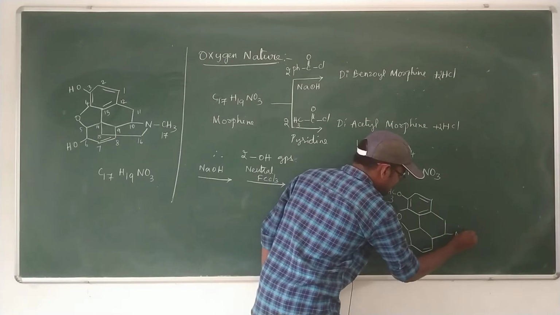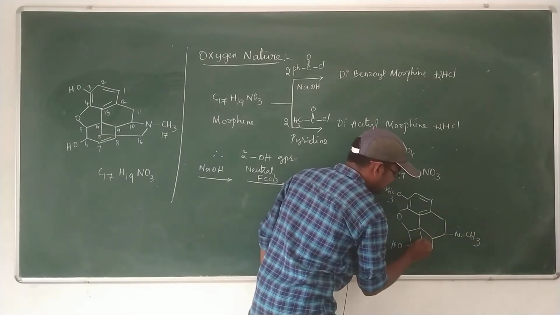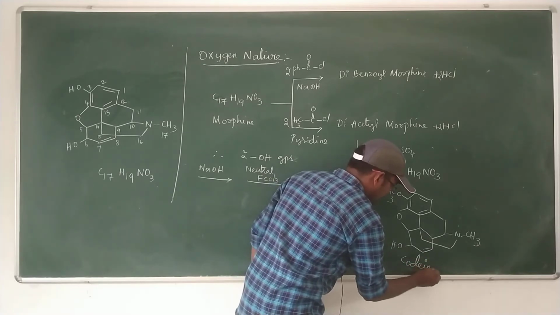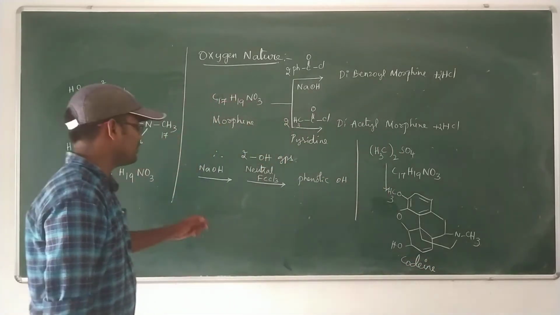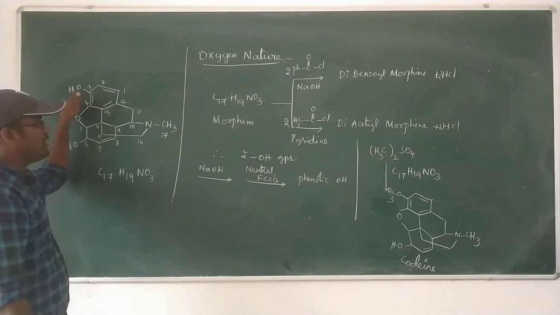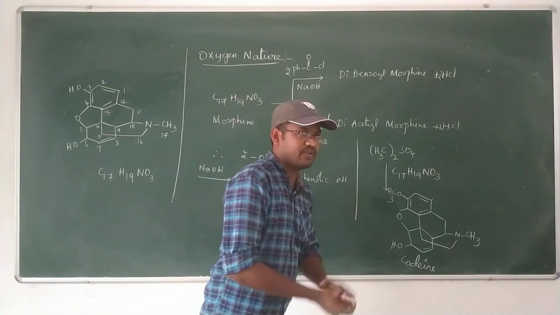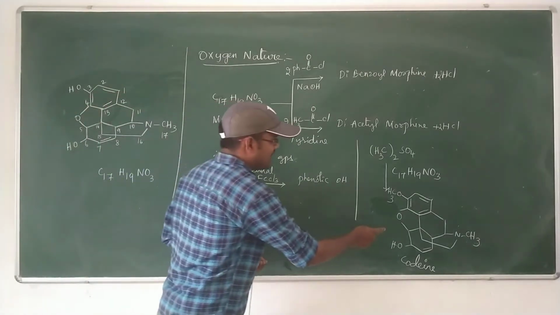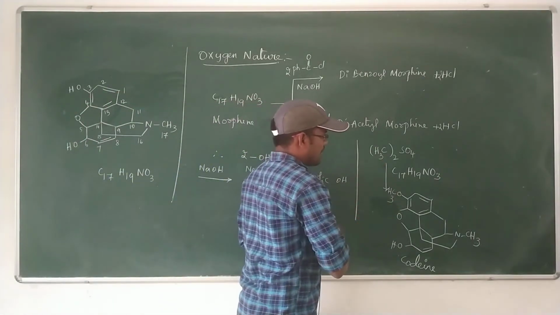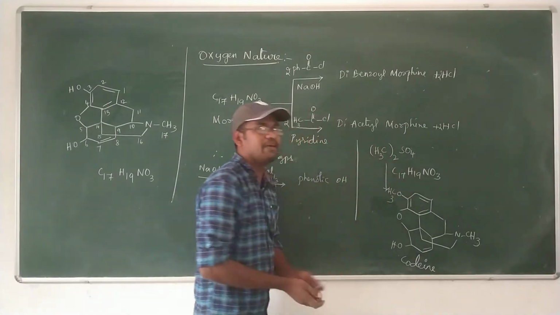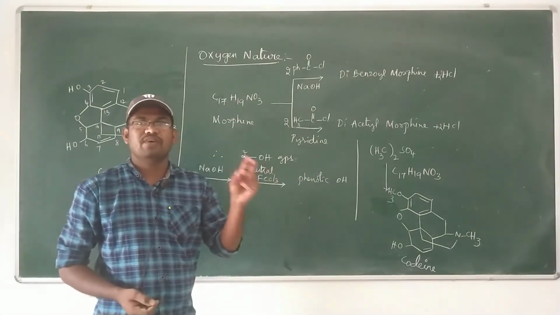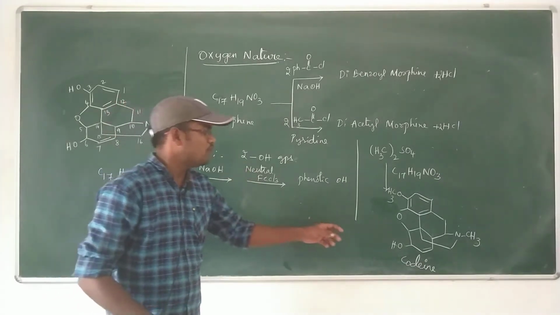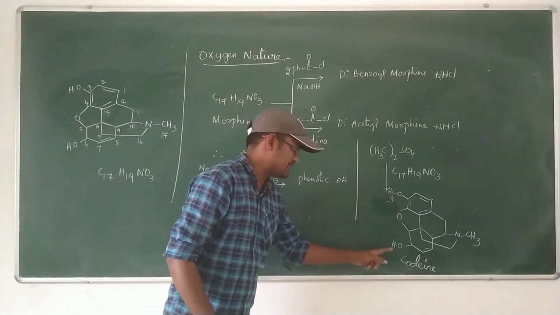The fifth ring has NCH3, and this is codeine. The difference between codeine and morphine is only the phenolic OH versus OCH3. So this is the anisole form, and this is the phenol form. Codeine is obtained from morphine when treated with dimethyl sulfate. Dimethyl sulfate reacts only with the phenolic OH, so codeine has one OCH3 and one OH.